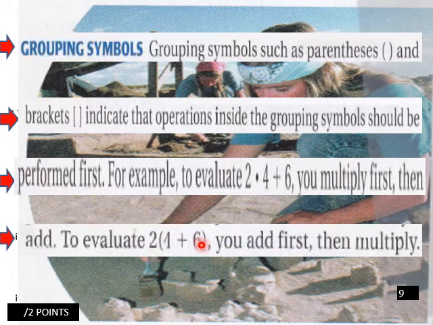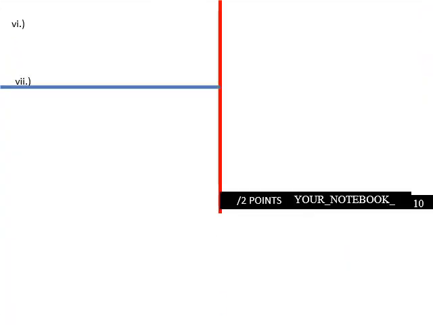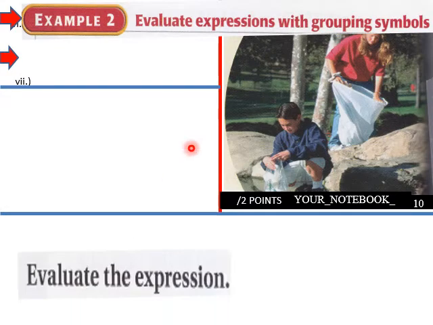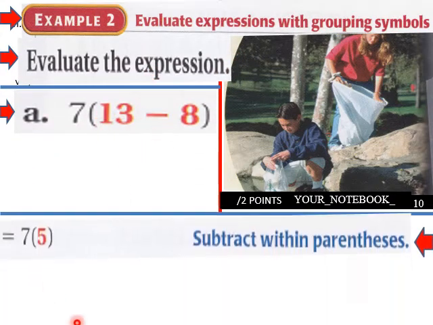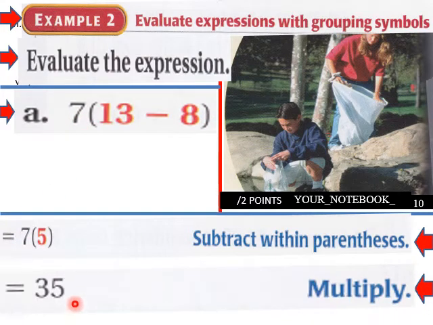The parentheses make you do this first, then multiply. So, evaluate the expression with grouping symbols. We get 7 times 5 because this is inside parentheses. Subtract within parentheses, then multiply, and we get 35.